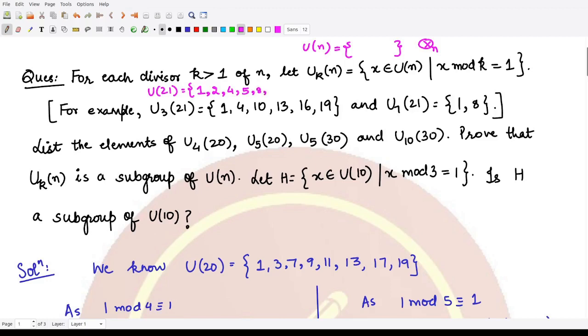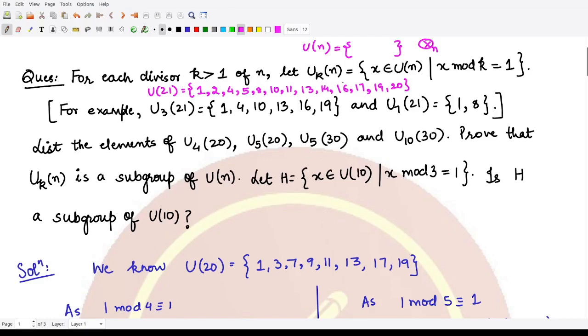Then 9, no. 10, yes. 11, yes. 12, no. 13, yes. 14, yes. 15, no. 16, yes. 17, yes. 18, no. 19 and 20. Would it contain 20? Yes, it would. So these would be the elements present in U(21).